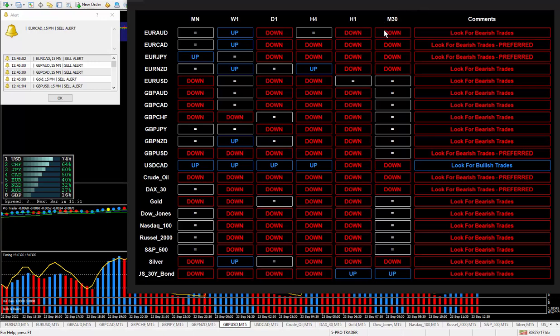Now keep in mind that as the market's moving along, 30 minutes later this column can change, 1 hour later this column can change, 4 hours later then all 3 columns can change.